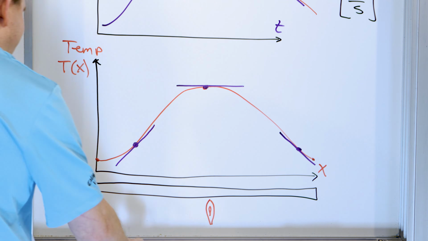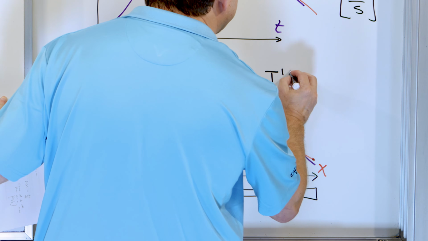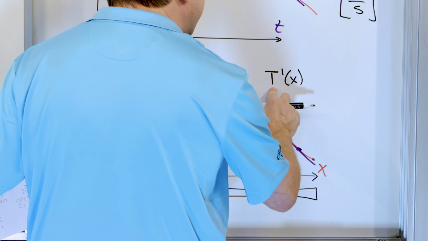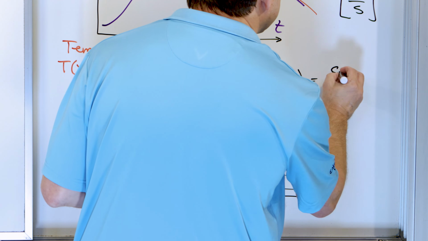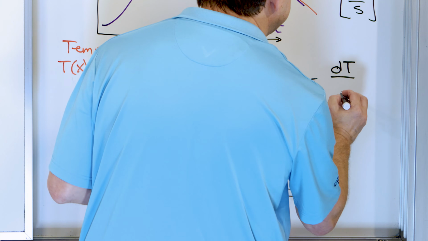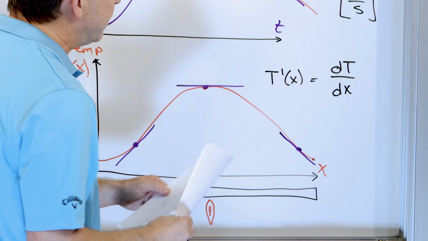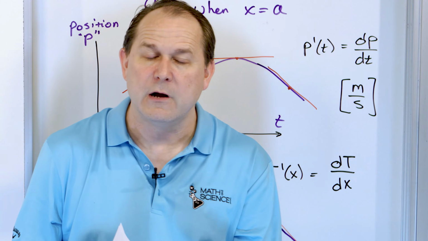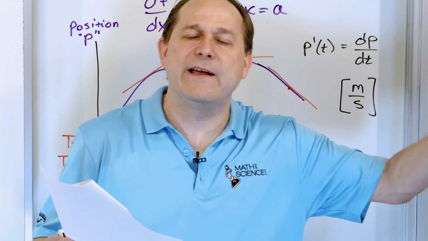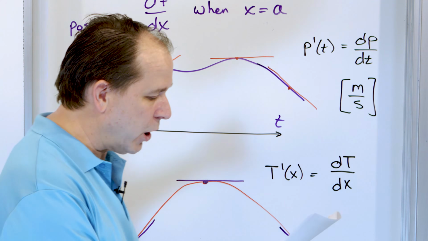And what you would then say in terms of math is you would be taking the derivative and calling it T prime of x, the derivative of the temperature as a function of the distance. And that could be equivalently written as dT, the change in the temperature, divided by dx, the change in the x direction. Notice it's always comparing two things. The change in the temperature compared with the change in the distance or the dimension of position along the bar, right?